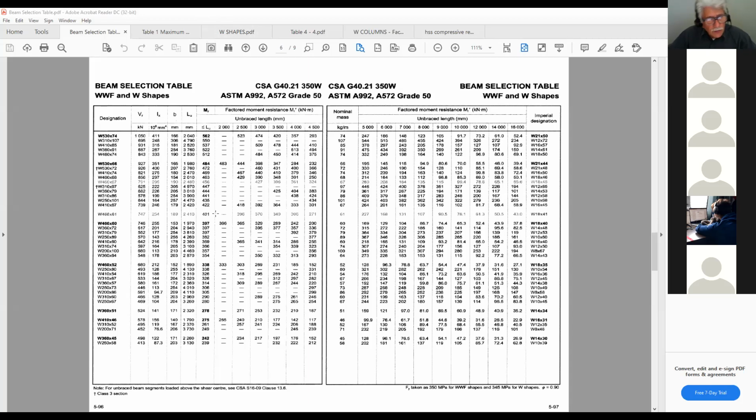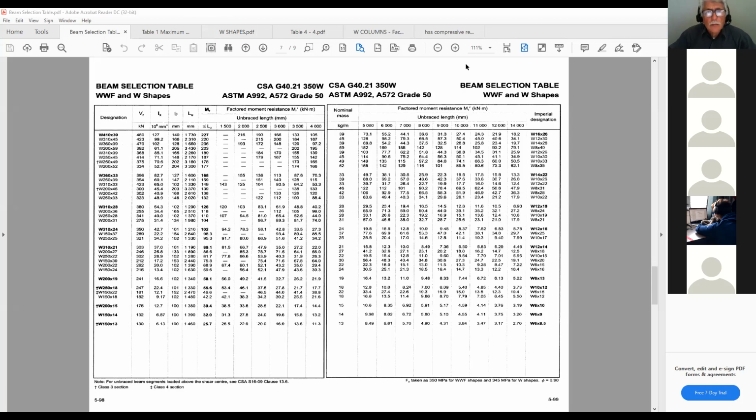So you said that you ended up having a W250. Here's my W250 by 39. Show me what you did, and I'm going to look at your work now, and I'll let everybody else do it. Just draw a line where what you picked.